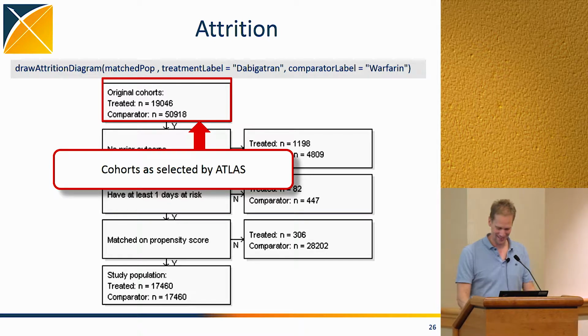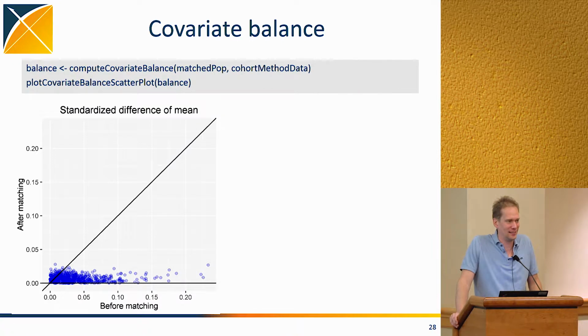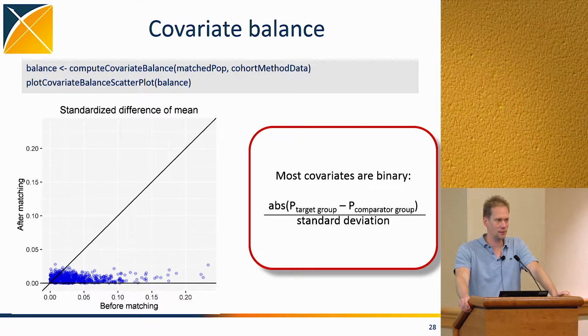See if I'm understanding this. Before matching, they would all be right on the line, right? Before matching, right. In order to get them off the line, you're just getting rid of some things. You've matched, but the reason the mean changes is because you've thrown things away as a result of matching, right?